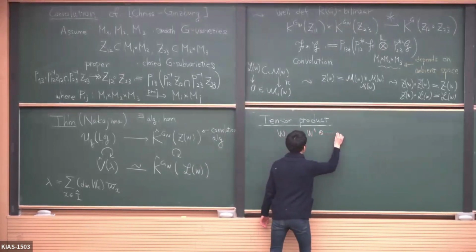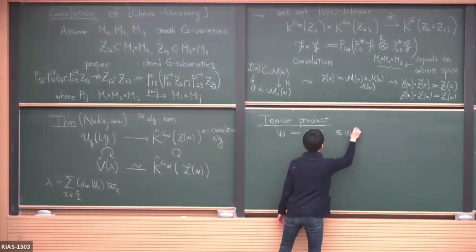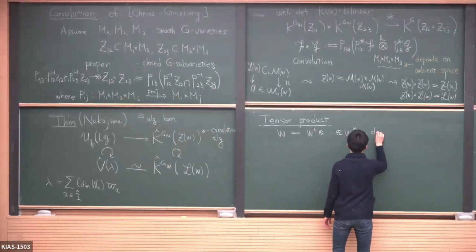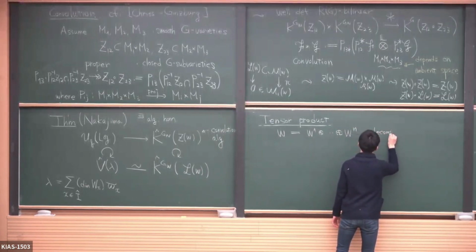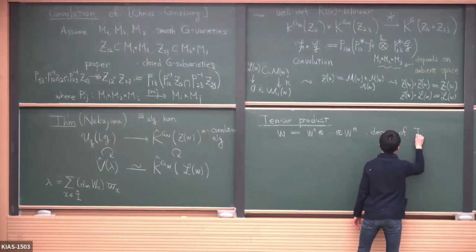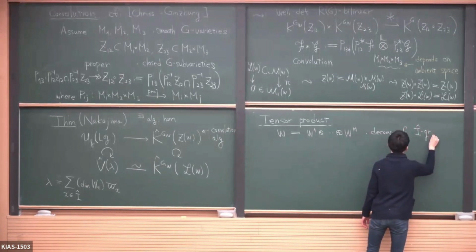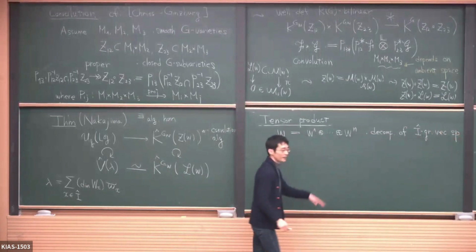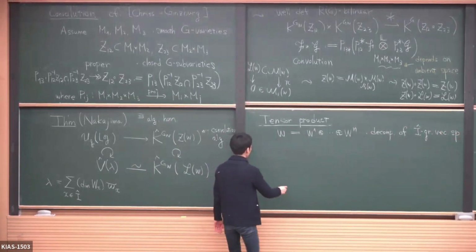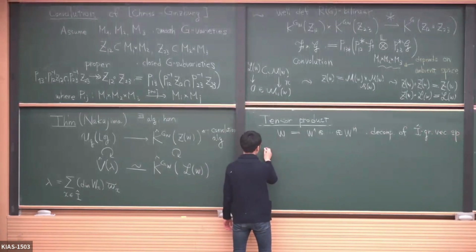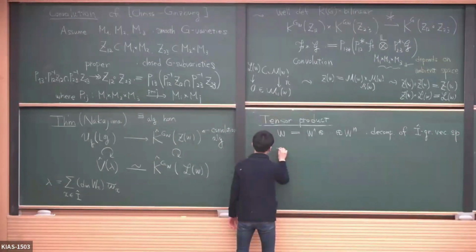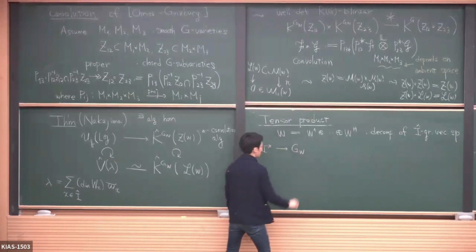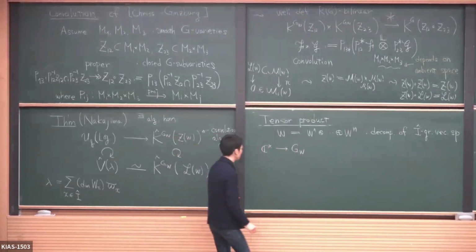decomposition of this I-graded vector space. So each factor is again I-graded. And according to this decomposition, we define a one parameter subgroup of GW.